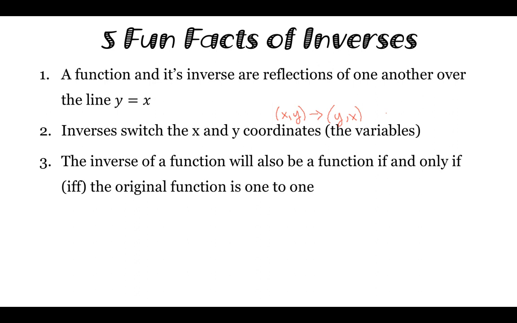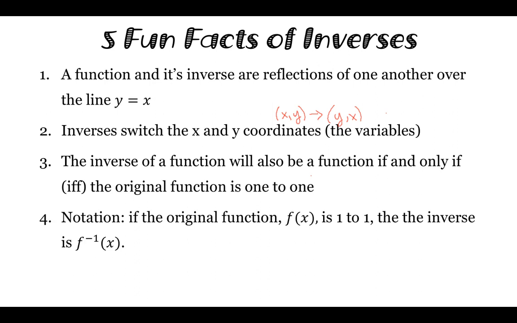We talked about how the inverse of a function will also be a function if and only if the original function is one-to-one. So if the function you're given is not a one-to-one function, we automatically know that its inverse is not a function. We talked about notation and the importance of this. If the original function is one-to-one, that means its inverse is a function.